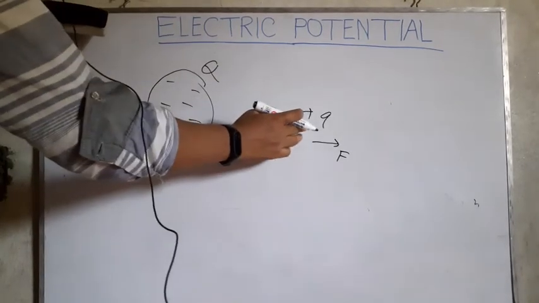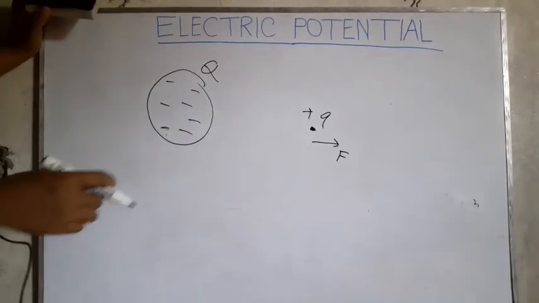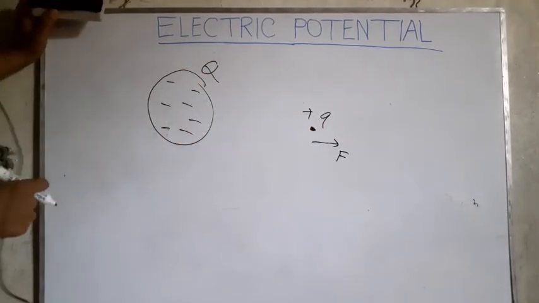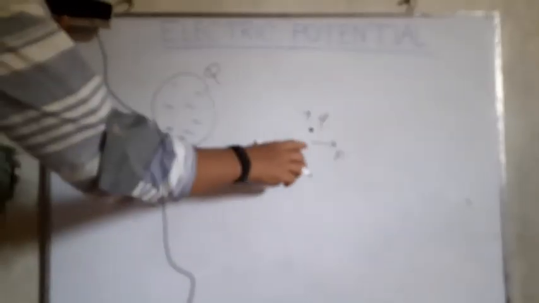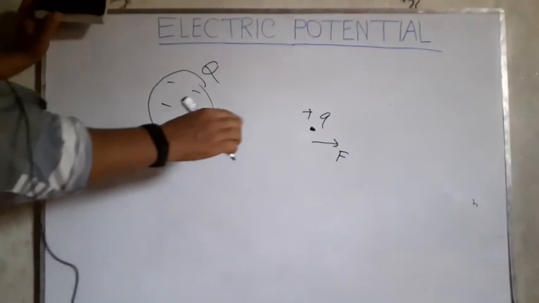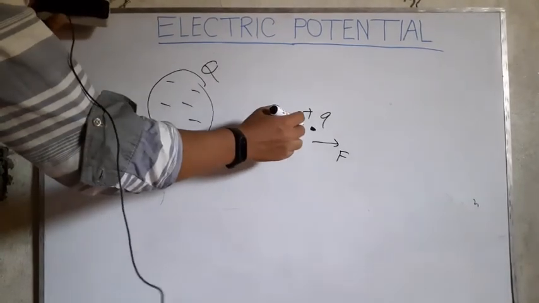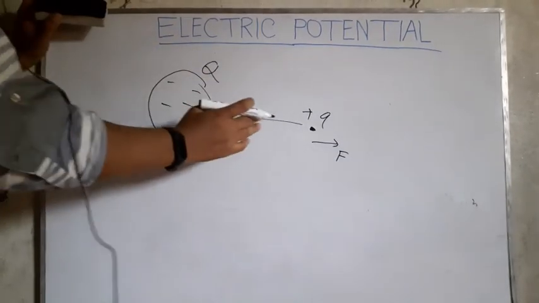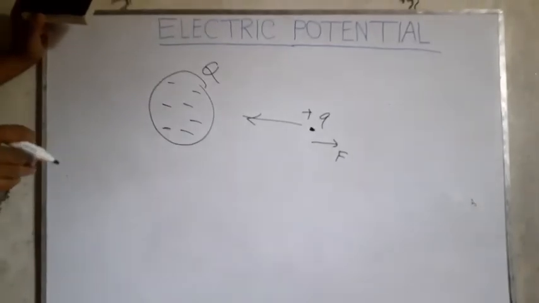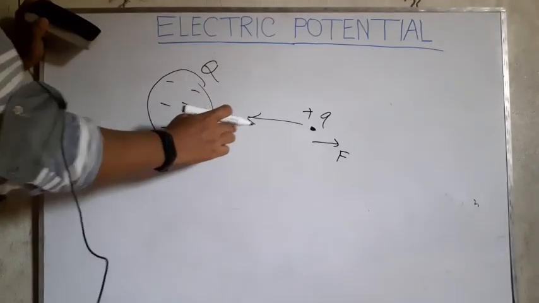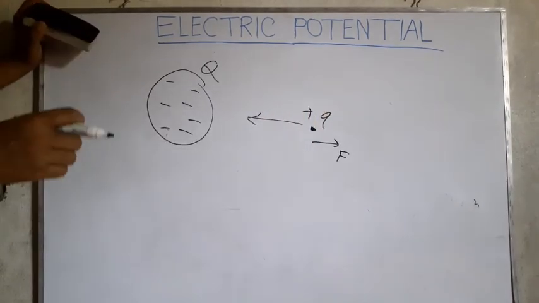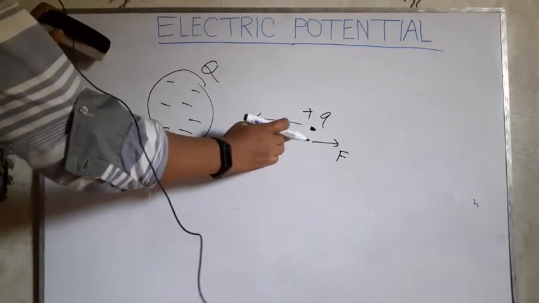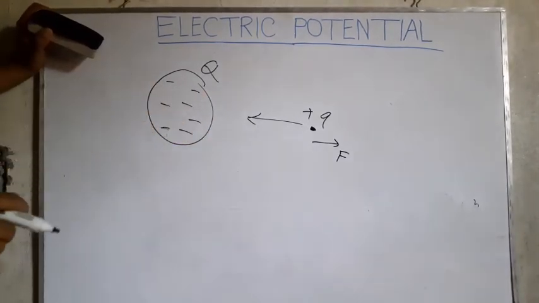Otherwise, the plus q charge will be accelerated due to the attraction force between the negatively charged body and plus q charge. We have to apply a force opposite to this attractive force. This is the attractive force and this is our applied force. When these two forces are balanced, then there will be no acceleration on the plus q charge and it will move slowly towards this negatively charged body.